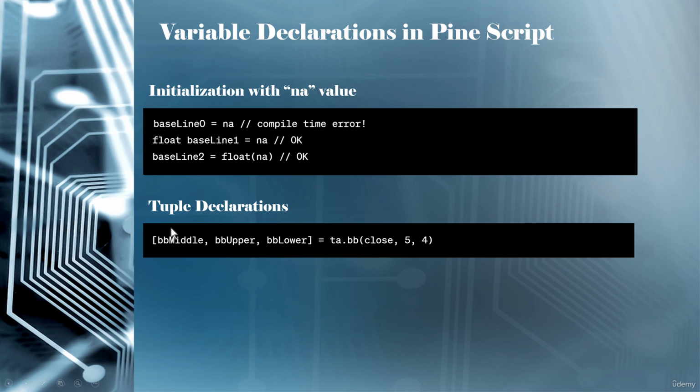Therefore, we declare a tuple, which consists of three variables in this case, and for this tuple variable, we assign the value that is returned from the ta.bb function. Function calls or structures may return multiple values, like the ta.bb function, so we use tuple declarations to store these values, like in this example.